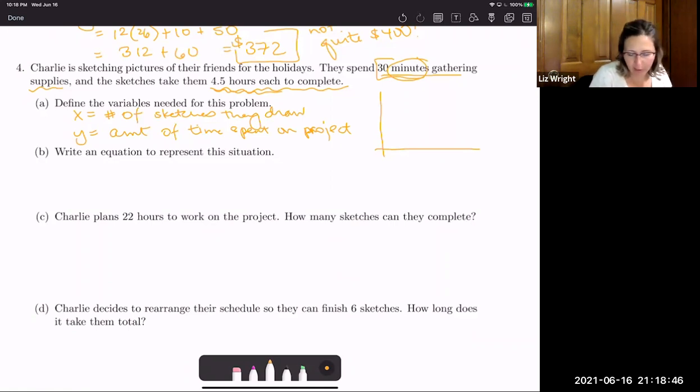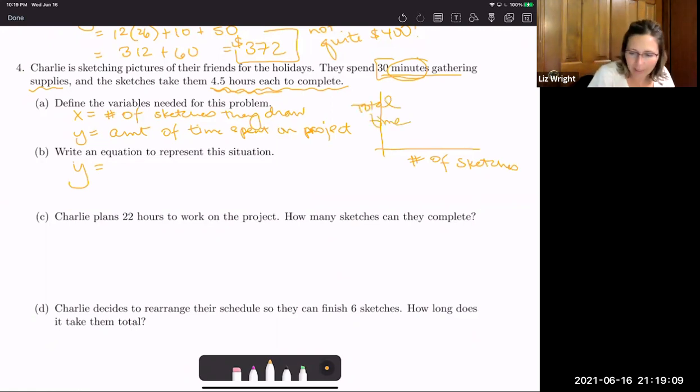It says write an equation to represent the situation. What's our total time, which is going to be Y. I forgot to label this over here, so number of sketches, and this is total time over here.